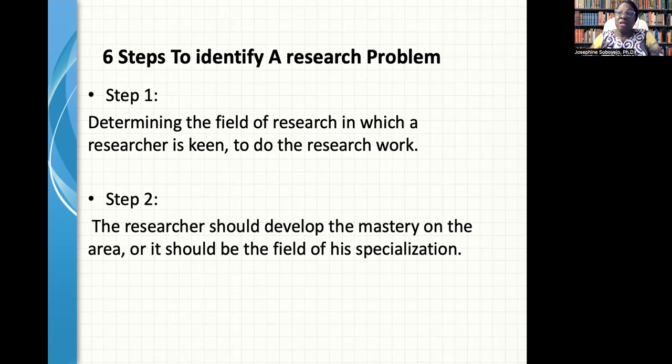That is, your topic or title of research must be in the field of your specialization. It helps you. It makes your research easy. It diminishes your challenges or removes them entirely, because when you are researching into your area of specialization, you have the mastery of that area, and it's so easy for you to do.